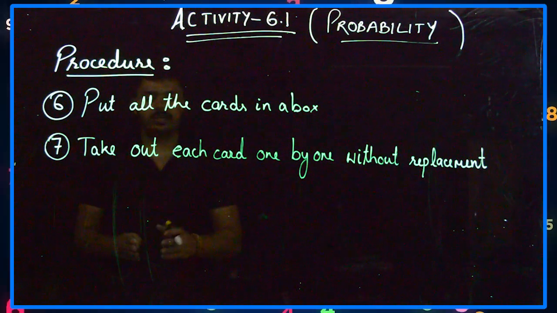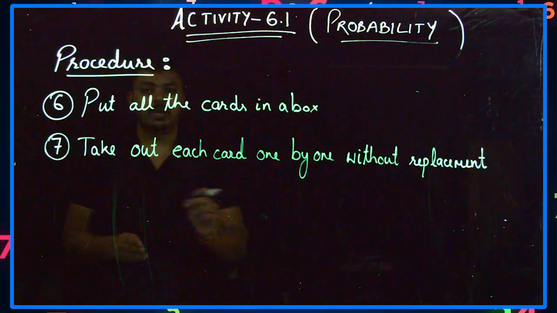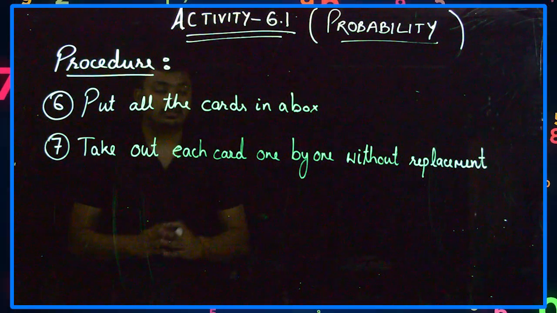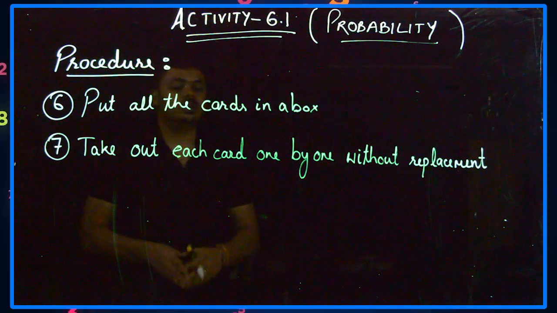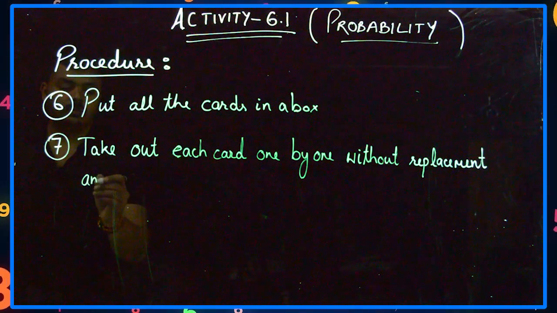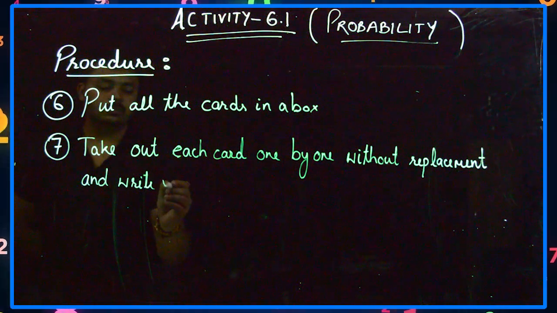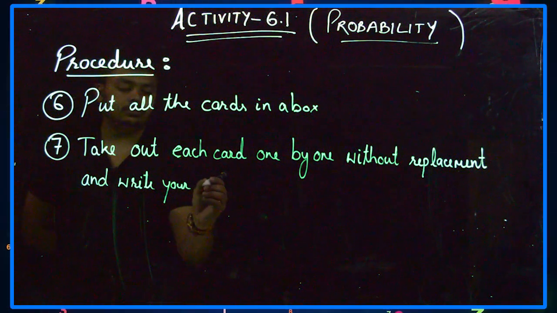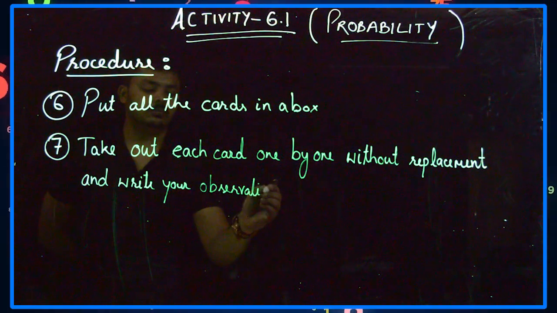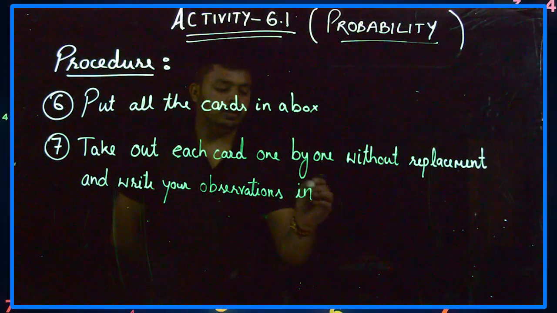So slowly and steadily we will keep on decreasing the cards. There are 10 cards. When we pluck one card, it is left with 9 cards, and the next time we pluck one card, it is left with 8 cards. Similarly, this means that we are taking out each card one by one without replacement. And write your observations in a table.